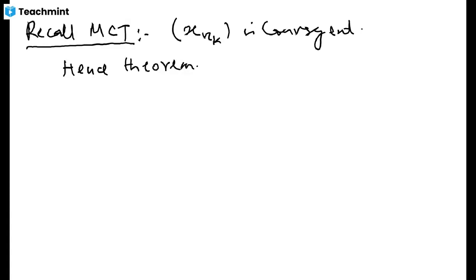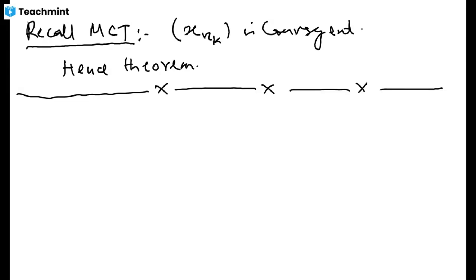Good. So now this Bolzano-Weierstrass theorem opens several other questions. The first thing is, suppose you have a bounded sequence, xn is bounded.